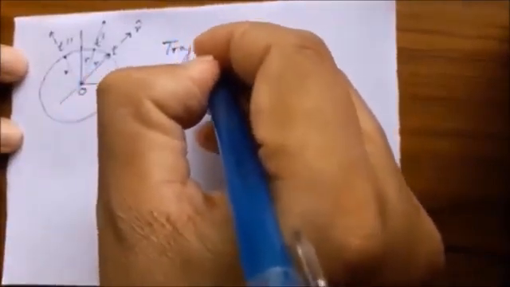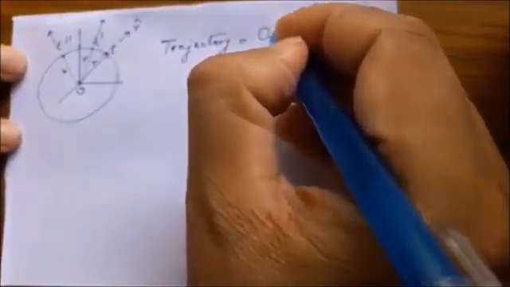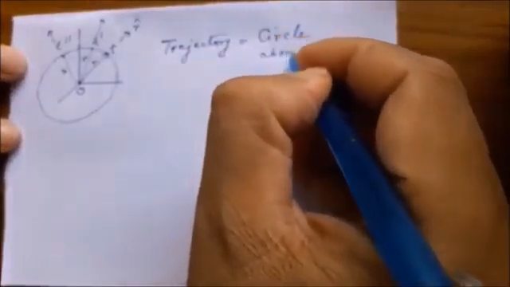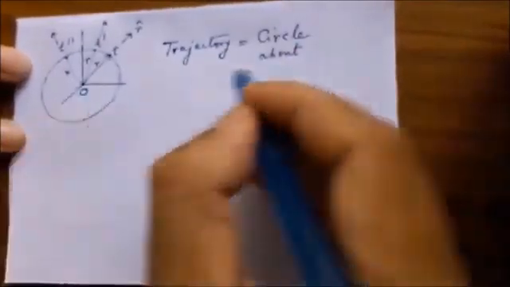So the trajectory of the particle is circular and the origin is the center.